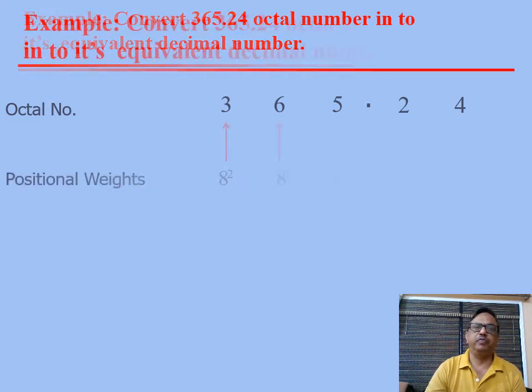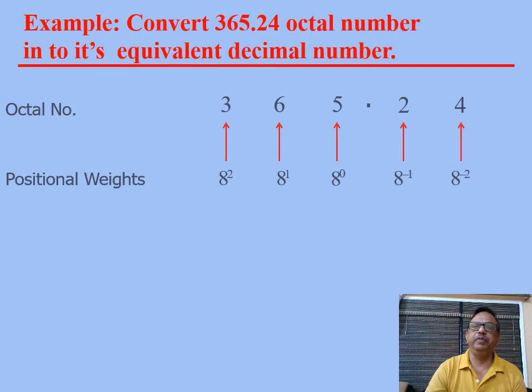So we simply place the positional weights, because in the octal number system the base is 8, instead of 10 in the decimal number system or 2 in the binary number system. We put 8 here, because the base in the octal number system is 8.